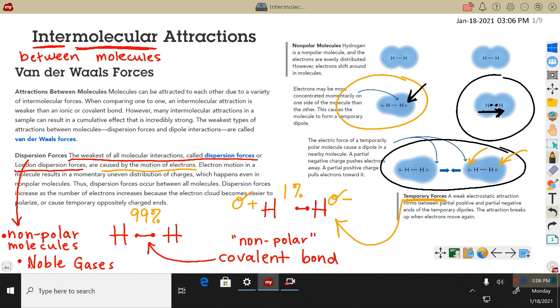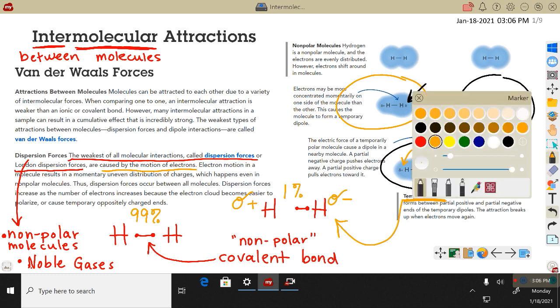It's lacking the electrons. Okay, and that was kind of the same thing with my first hydrogen molecule, that this region ended up being a little bit negative just because the electrons were not moving equally between the two hydrogen atoms, and this region became partially positive. Like charges repel, opposite charges attract.